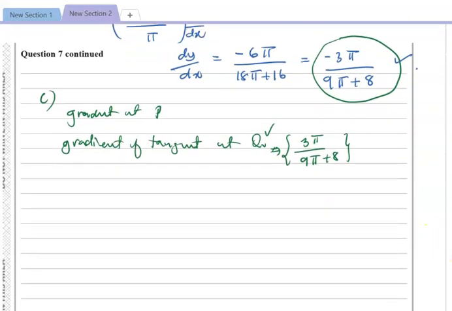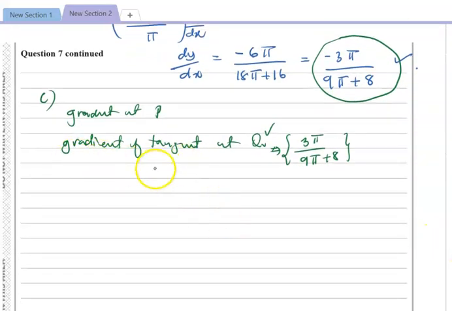That means the gradient of your normal, remember it's always the negative reciprocal, is going to be the negative of 9 pi plus 8, all of it over 3 pi.